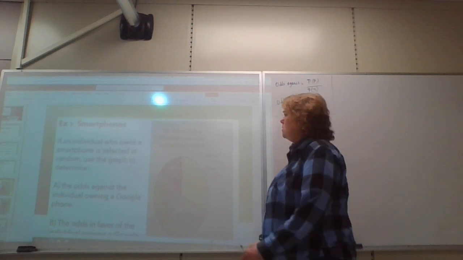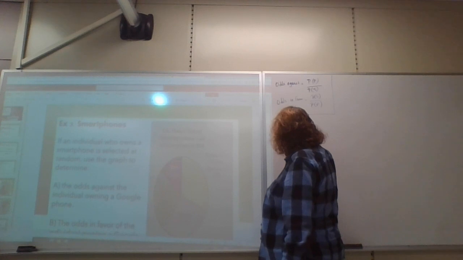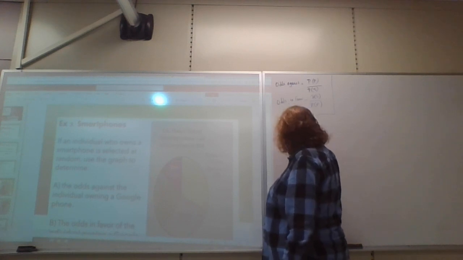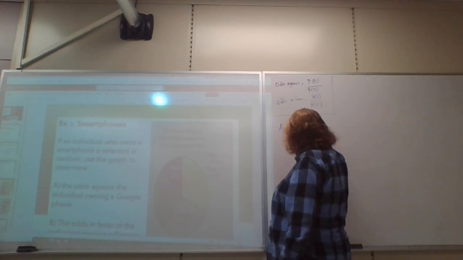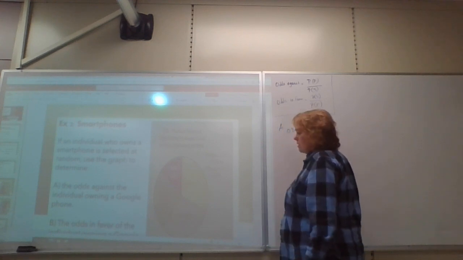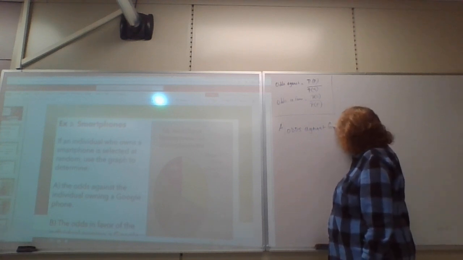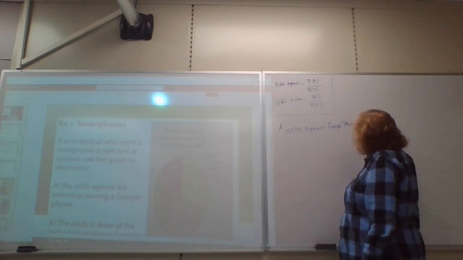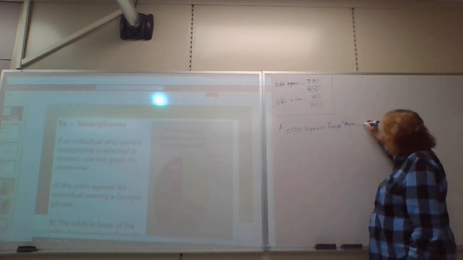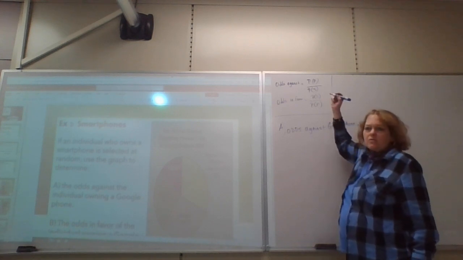Okay. So we need to determine, this is part A, the odds against a Google phone. This is the odds against, so we're going to put the failure over success, right?